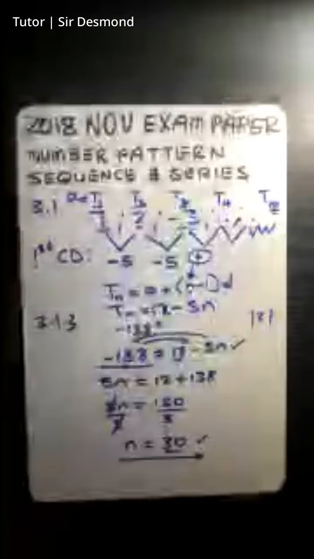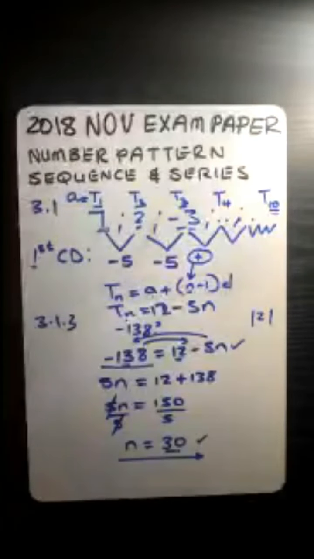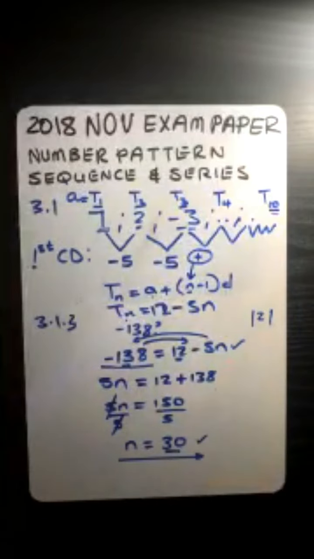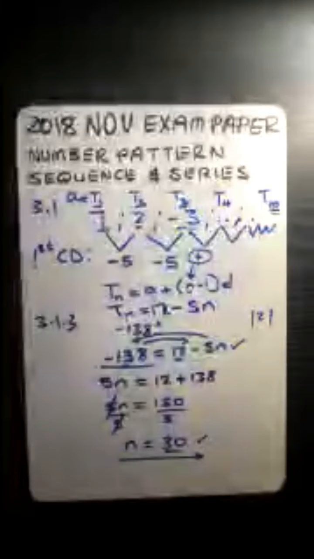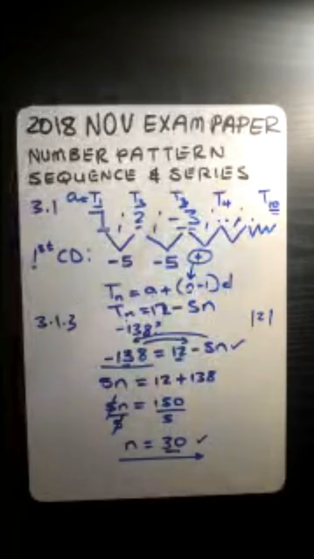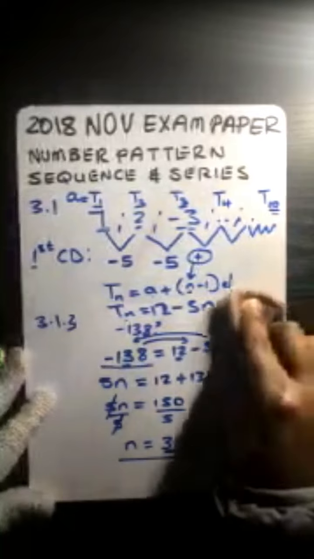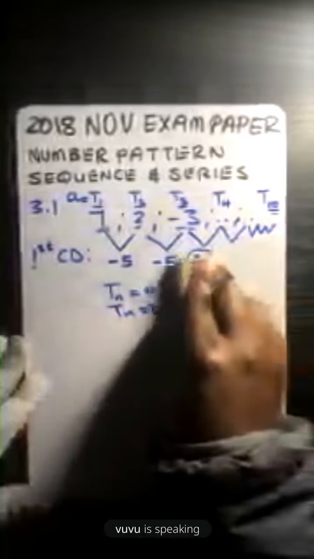That's when you're going to get 30, n being 30, and your mark for your correct substitution, and then your final answer is also going to be given a mark. So that question was allocated 2 marks. So now let's get to an interesting question, ladies and gentlemen, being 3.2.